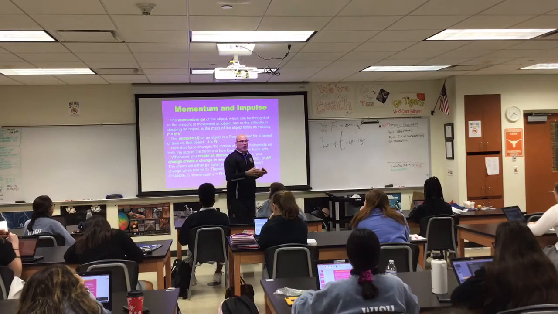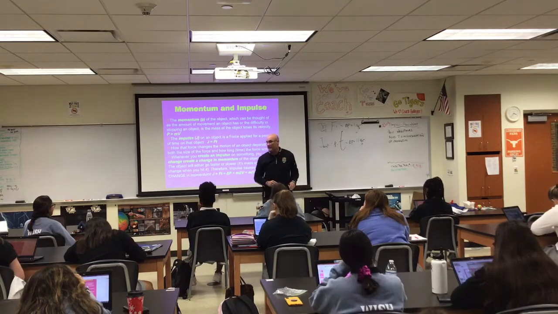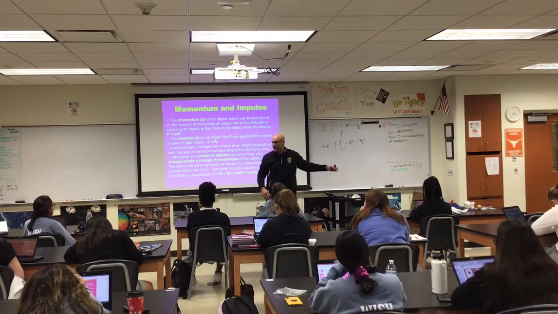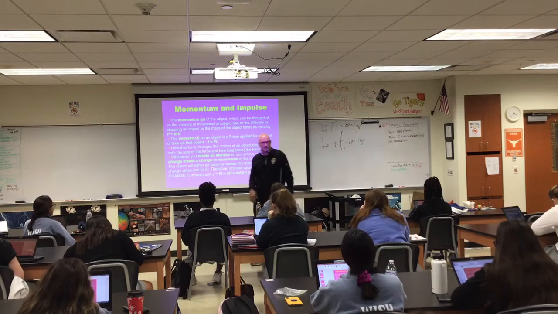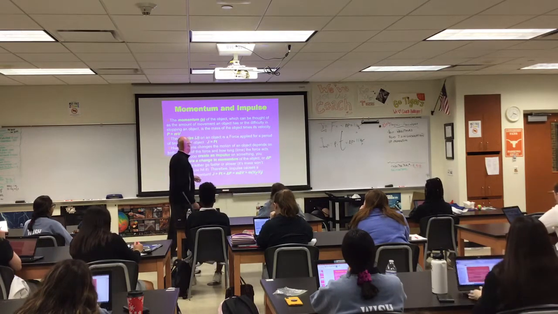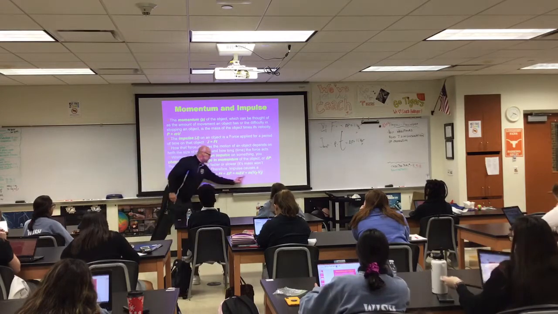Or it could already be moving and you come behind it and push it in the direction it's going currently and it'll move faster. Does that make sense? So you can speed up objects too with impulse. Therefore, impulse causes a change in momentum.